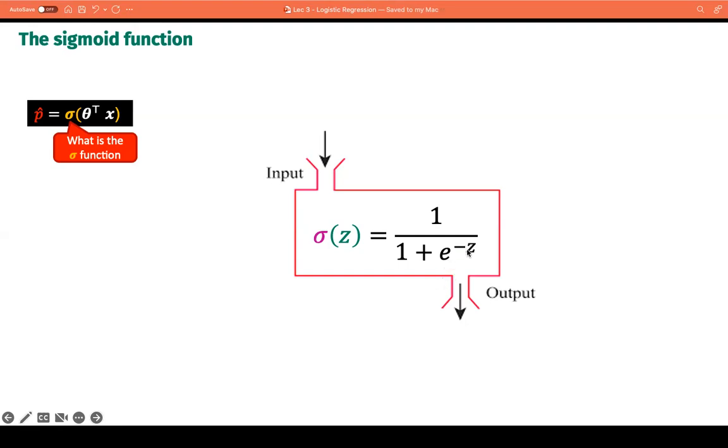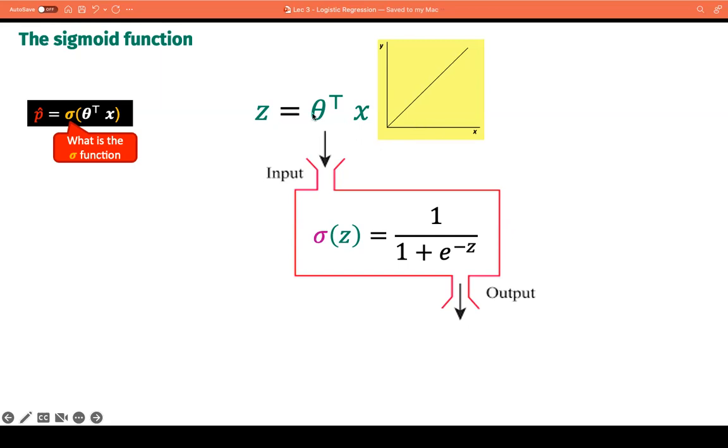So the input is z. In this case, the input to our sigmoid function is the weighted sum of the weights and the predictors x. So at this point, it is still a linear model, right?